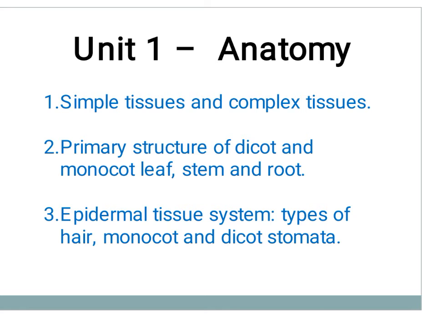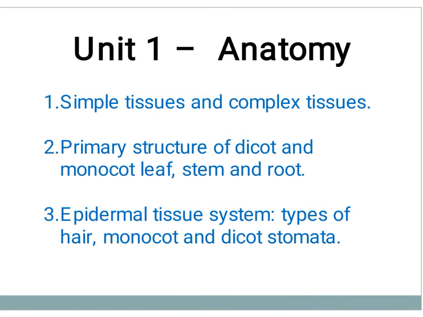In simple words, we will have TS of monocot leaf, TS of dicot leaf, TS of monocot stem, TS of dicot stem, TS of monocot root and TS of dicot root. So this is the study of primary structure in root, stem and leaf.